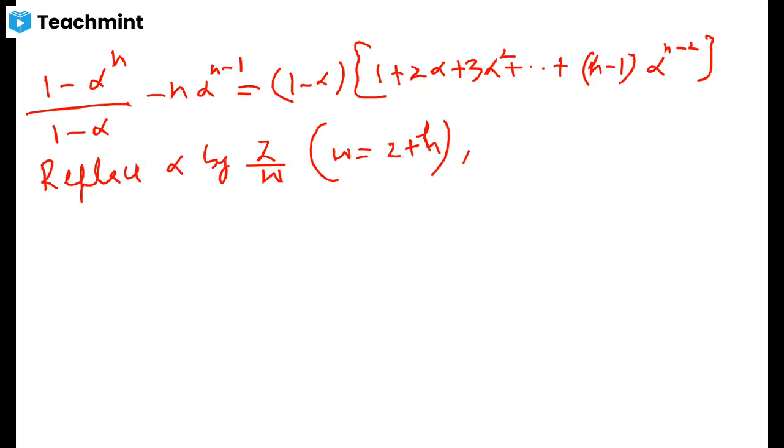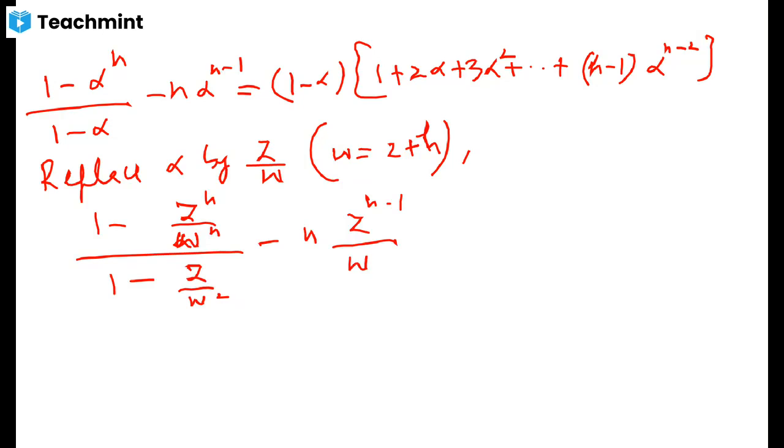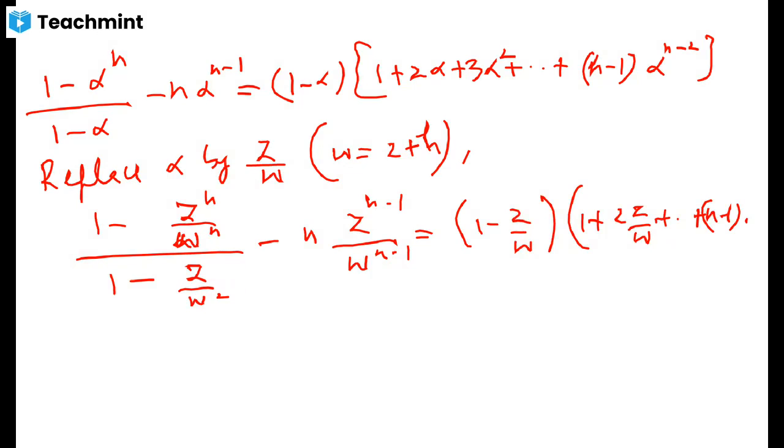So what we are having now, I am going to have 1 minus z upon w to power n upon 1 minus z upon w, minus n z to power n minus 1 upon w to power n minus 1, equals 1 minus z upon w times 1 plus 2z upon w plus so on plus n minus 1 times z to power n minus 2 upon w to power n minus 2.